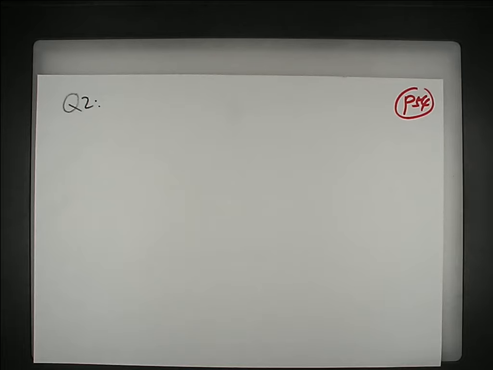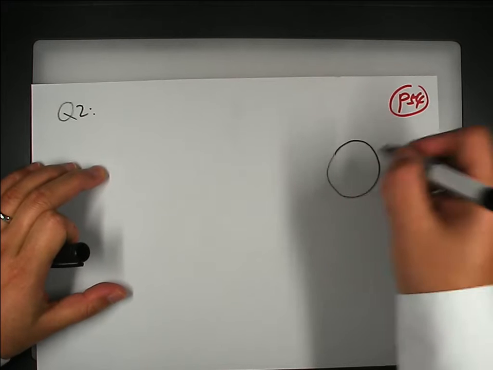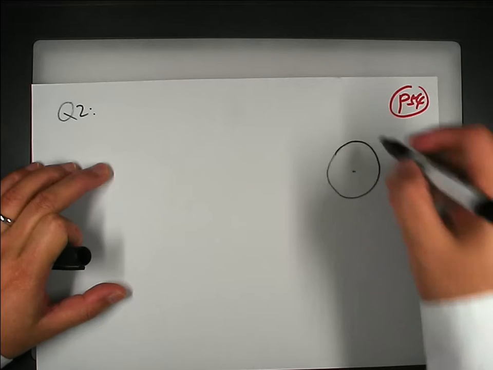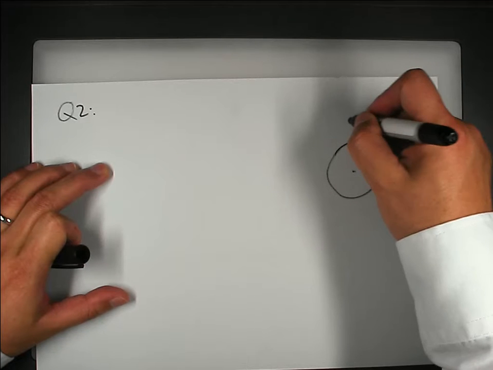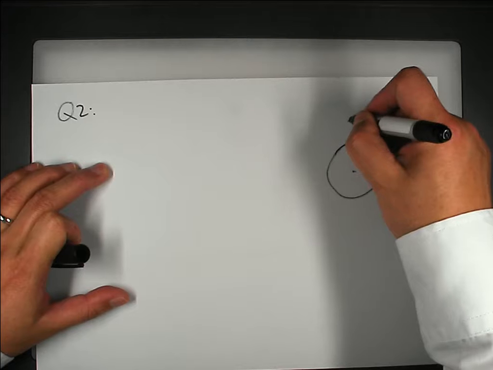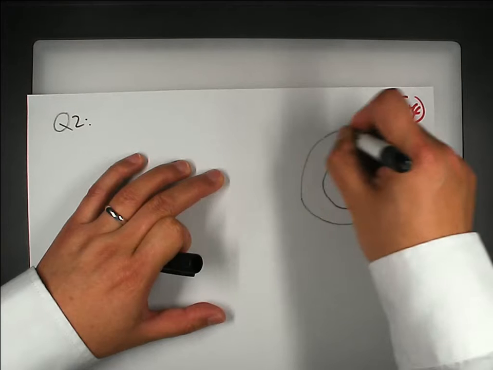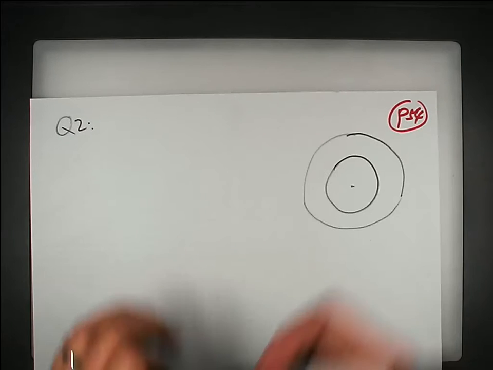The pipe is a cylinder. This is the inner radius. Then it has thickness, so it has an outer radius. So the thickness is this.